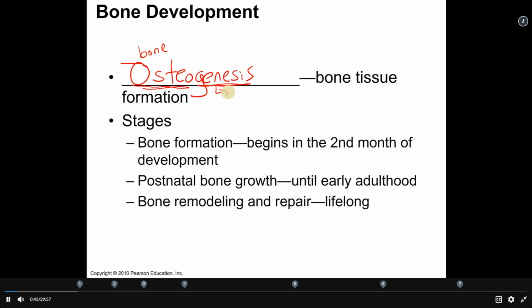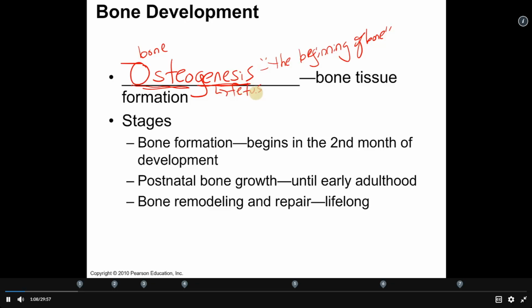Genesis, if you think about the Bible, the first book in the Bible is Genesis. It means the beginning. So this word literally means the beginning of bone. When you see the word osteogenesis, it means the development of bone in the fetus, because that's where it begins.